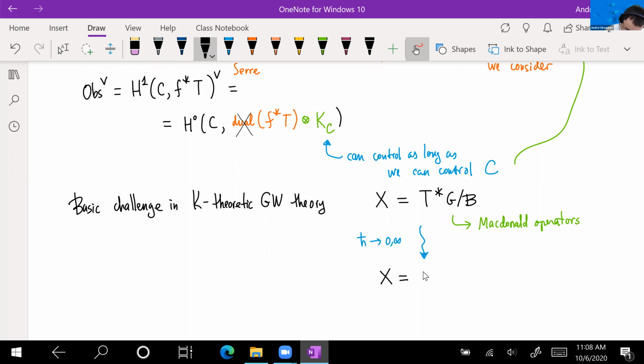Then I get to G/B, and for this you get the Toda lattice. Strictly speaking, for the Langlands dual group, but that is okay. This is really proven by Givental and by Kim.